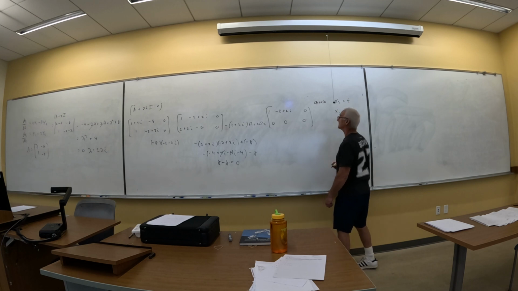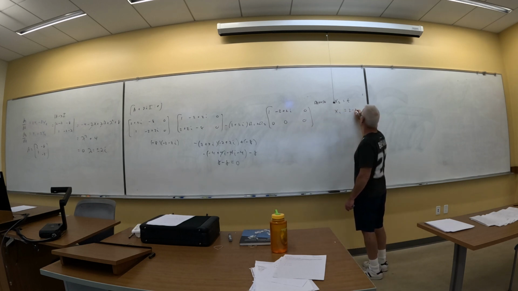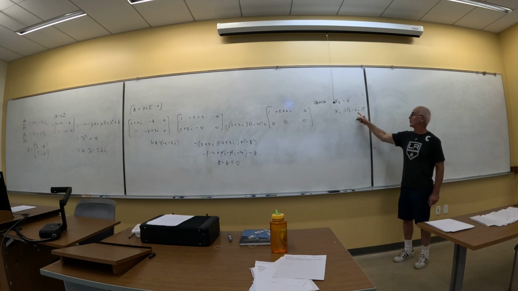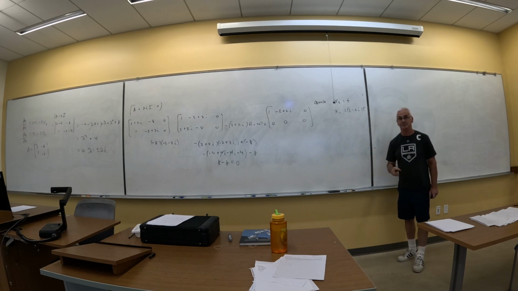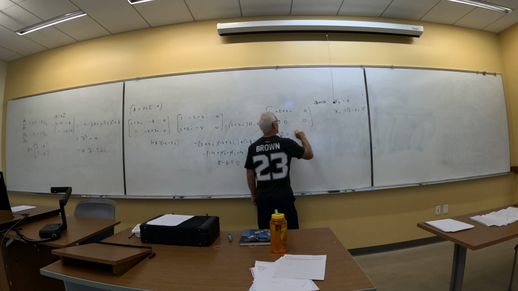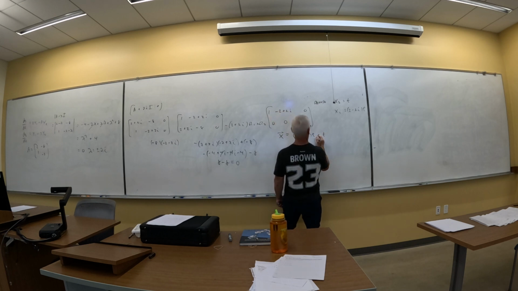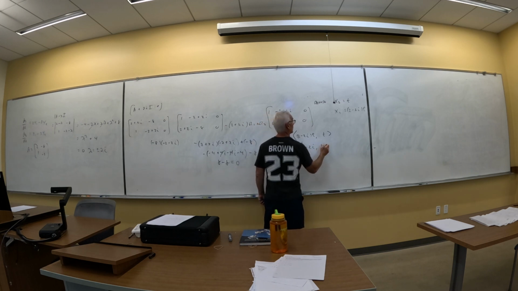Then what will x1 be? The negative of this, 2 minus 2i, times t. And it's really easy to check. If I take 1 times that, it should add to 0. So that means any vector of the form 2 minus 2i times t, t, which equals t times 2 minus 2i, 1.